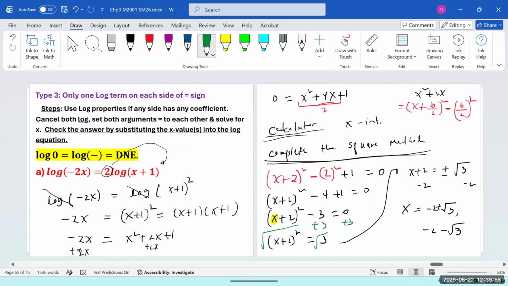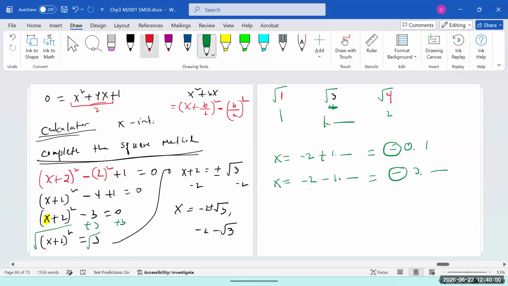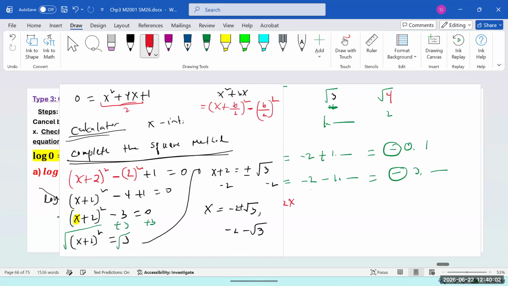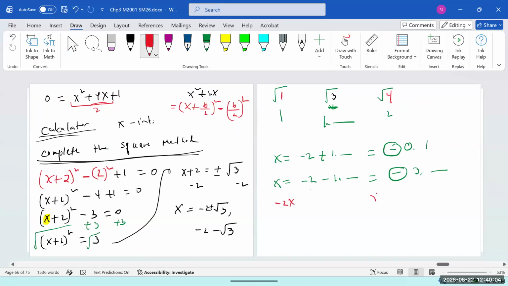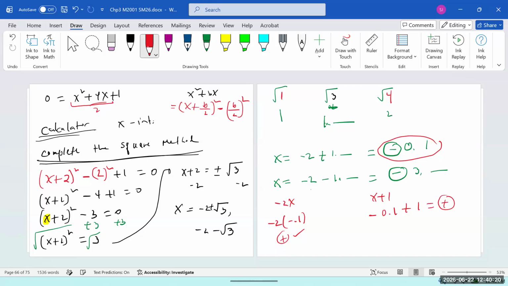Now what happens here? We have minus 2x, and the other one is x plus 1. So minus 2 times minus 0.1, positive, this is safe. This is minus 0.1 plus 1, positive, safe. So this one is safe.